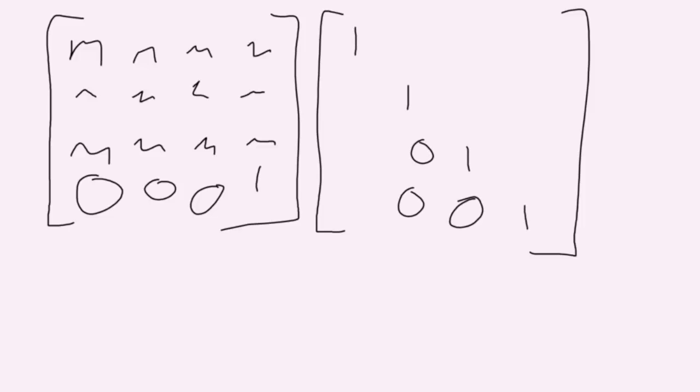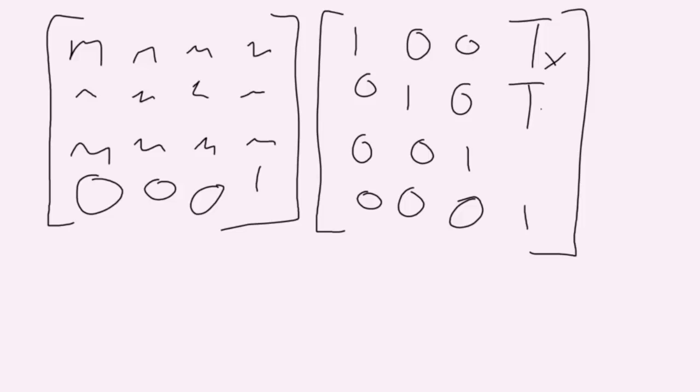I'm not even going to put specific numbers to them yet. It's always going to be like this because we're doing affine transformations. And then we can just build another matrix that'll look like this, which is our translation matrix, and then we have tx here, ty, and tz.